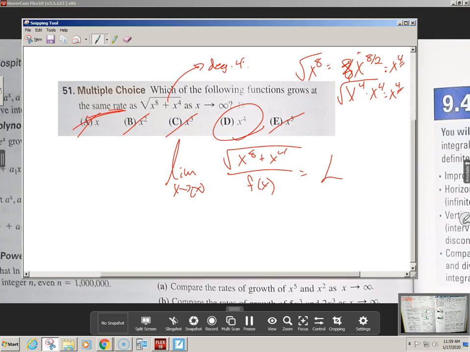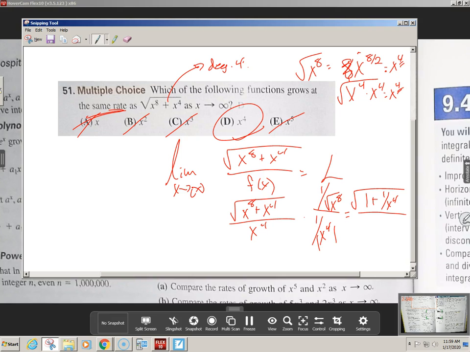But mathematically, the old-fashioned way of solving this limit would be using algebra, which would be multiplying by 1 over x to the 4th and 1 over the square root of x to the 8th. That's technically an absolute value. Then I would bring this in, which would be the square root of 1 plus 1 over x to the 4th.